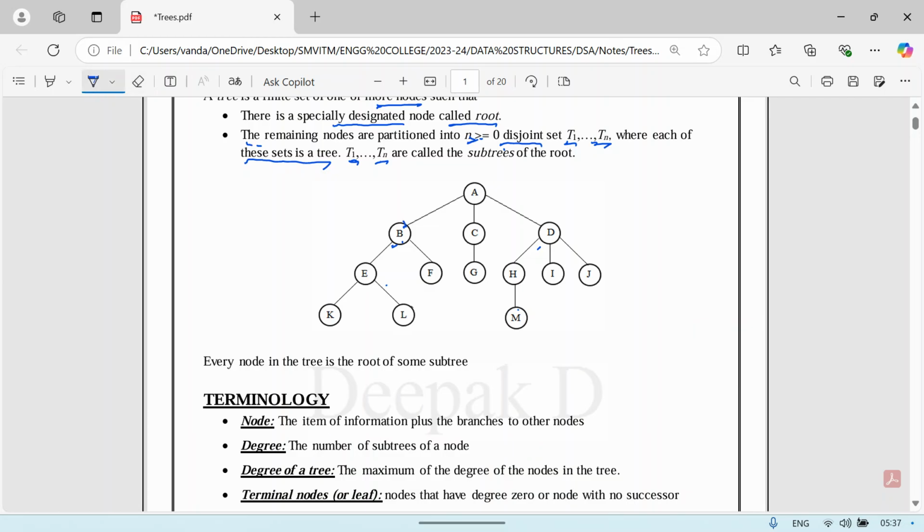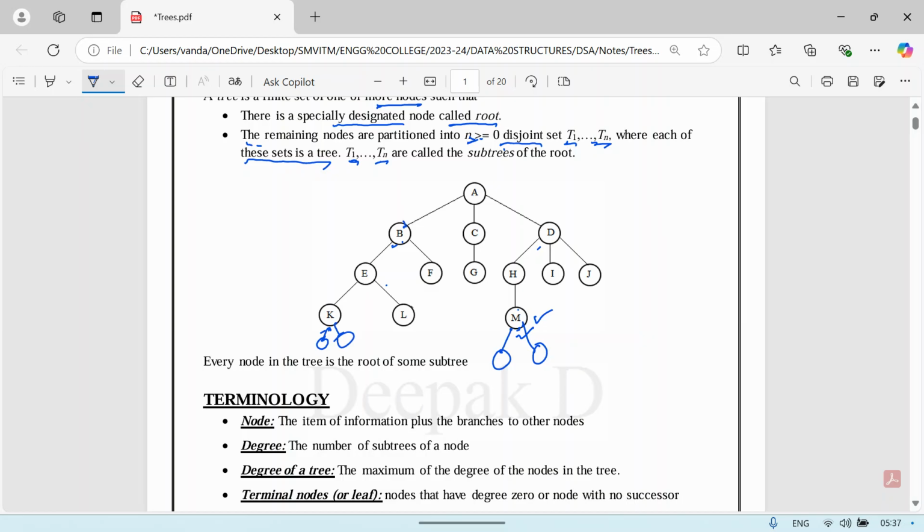And next one is leaf nodes, also called terminal nodes. These nodes are at the end and they do not have any child nodes. See, M does not have any child nodes. That means it does not have any node after it. So these nodes, which are at the end, have a degree of 0. Such nodes are called leaf nodes.